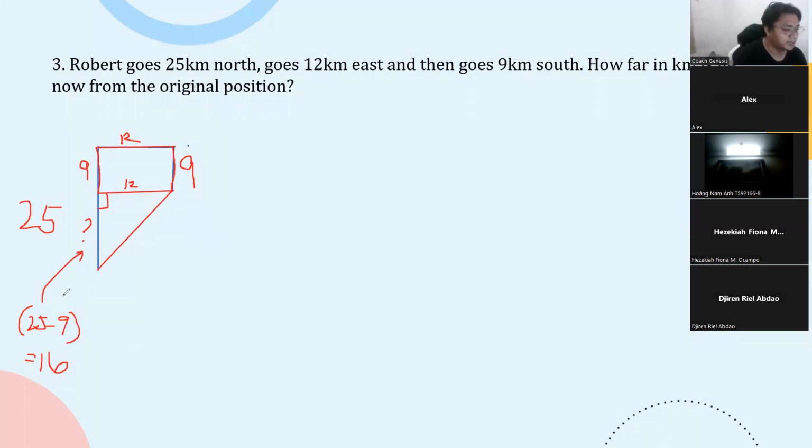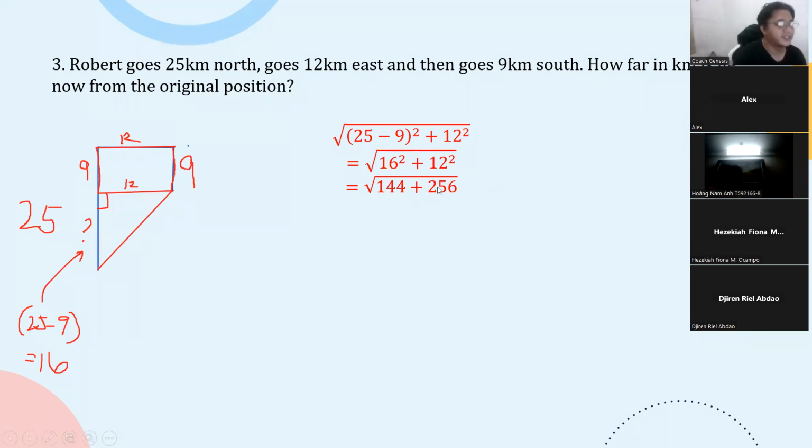So we will use Pythagorean theorem using 16 and 12. So we have square root of 25 minus 9, so that is 16. So square root of 16 squared plus 12 squared. If you simplify this one, you will have square root of 144 plus 256. So I just switch that.